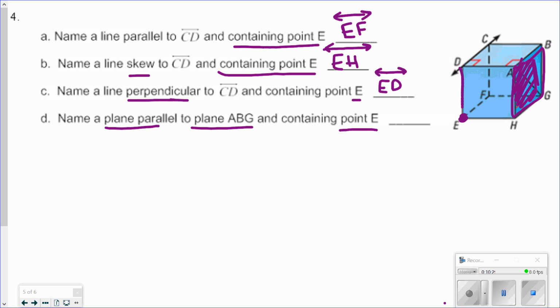It would have to be this opposite face here. And so you can use any of the four to name this plane, but since it said E, we'll use E, and then let's say FC. And I should have said the word plane, but that's okay. So those two planes are parallel.